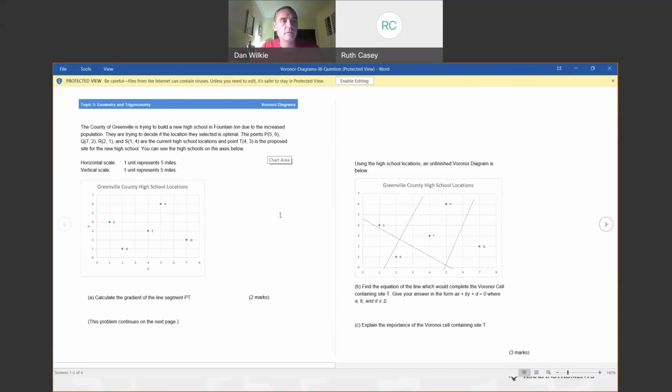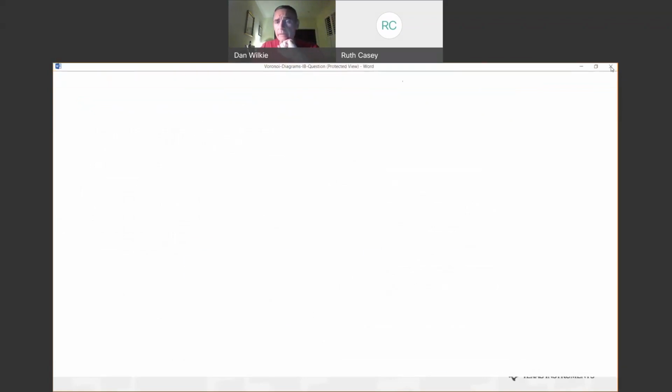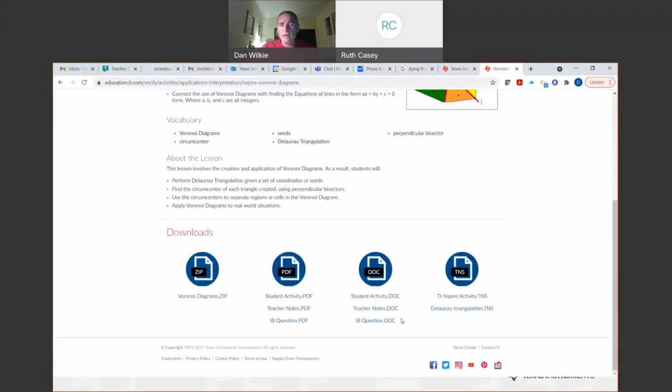If you don't like this or want to adjust it, make changes, please do so, because this is yours to use and abuse as you want. If you want to go a little further with this topic, a friend of mine who works for TI full-time thought it was a cool idea to go into what's called the Delaunay triangulation.